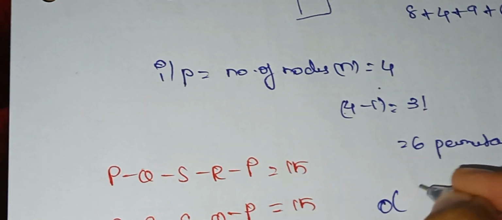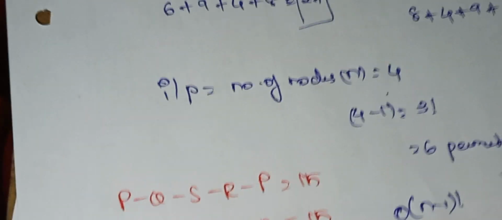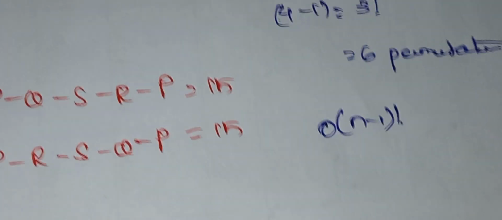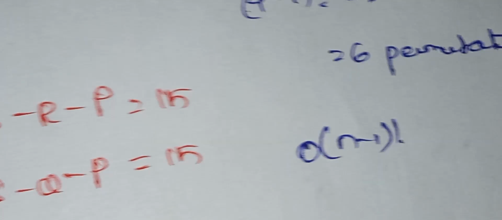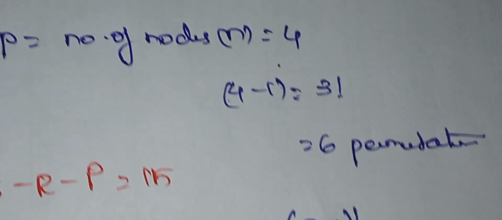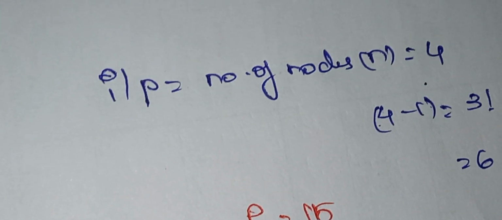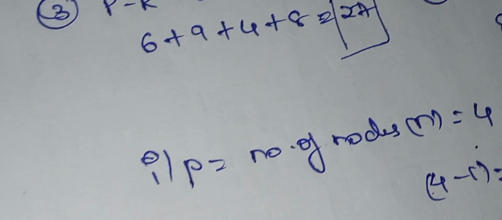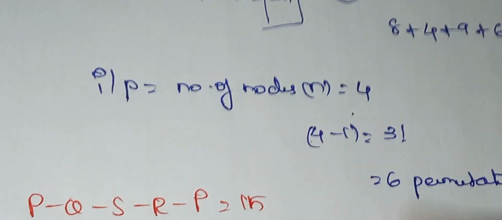And the time complexity for this is order of n minus 1 factorial. Why n minus 1 factorial?